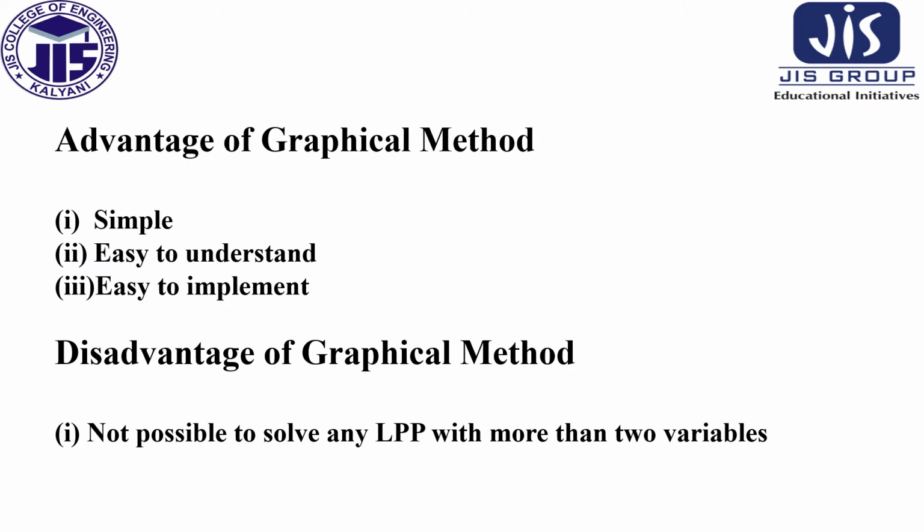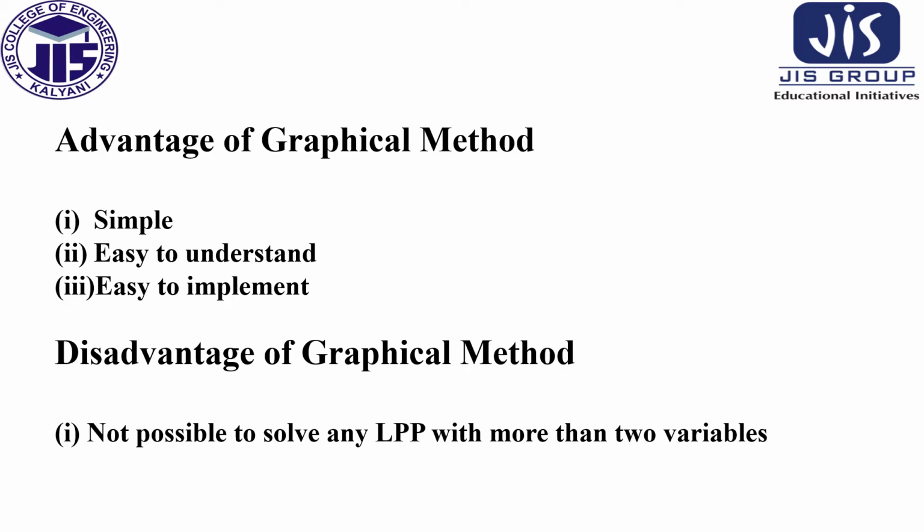Now first of all, what are the advantages of the graphical method? The graphical method is very simple, very easy to understand, and easy to implement. What are the disadvantages of the graphical method? If any LPP has more than two decision variables, we can't apply the graphical method, because in the graph two axes are there, x1 and x2.